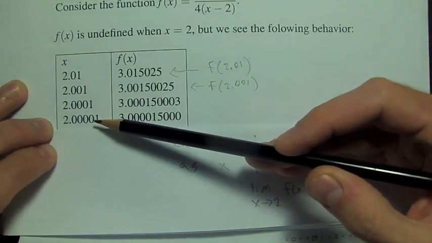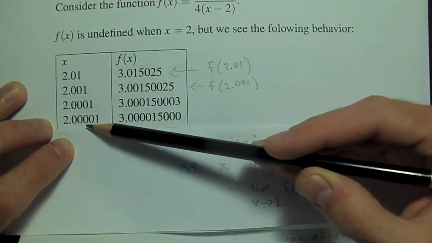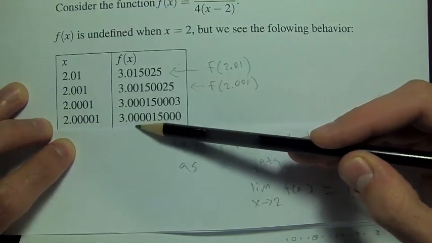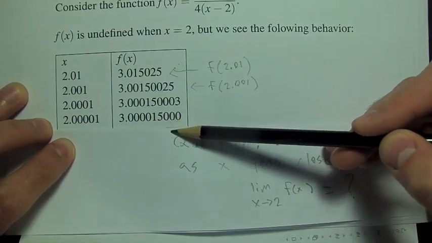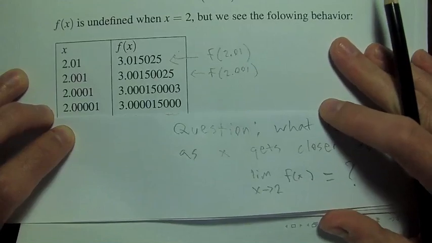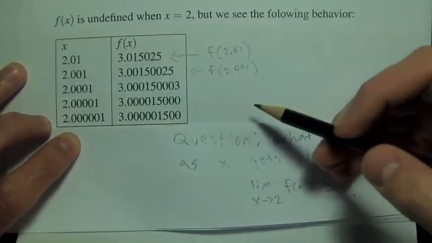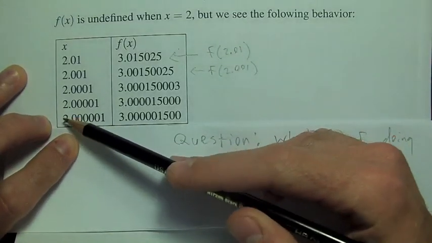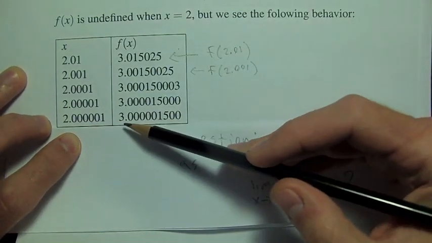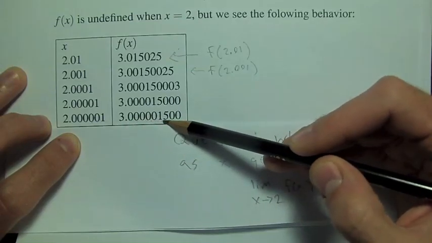I throw in another 0 here. So at 2.00001, I get basically 3.000015000. And then the last one, I throw in another 0, so at 2.000001, we get 3.0000015.